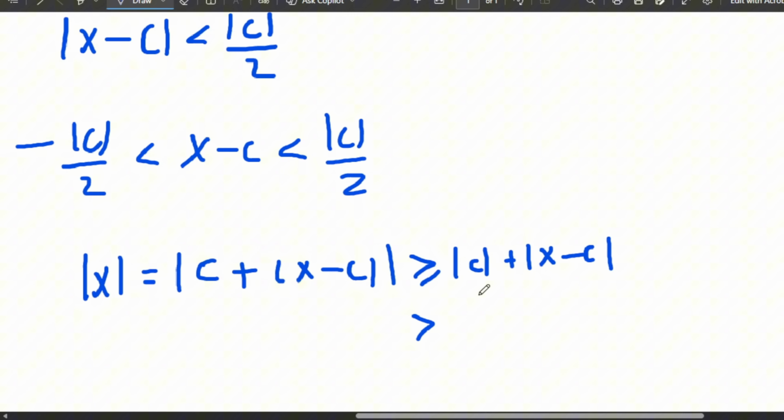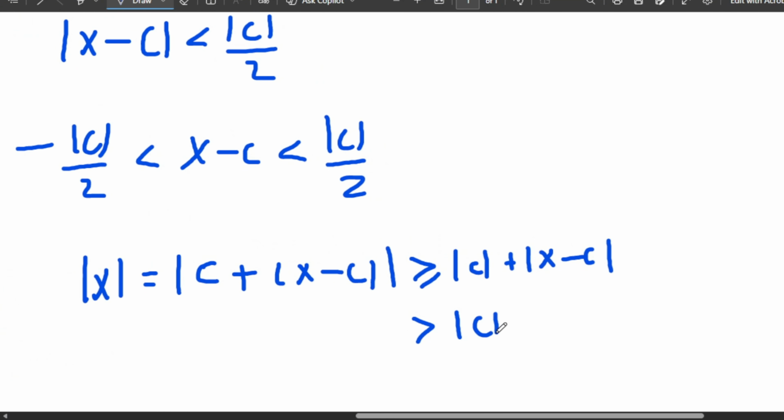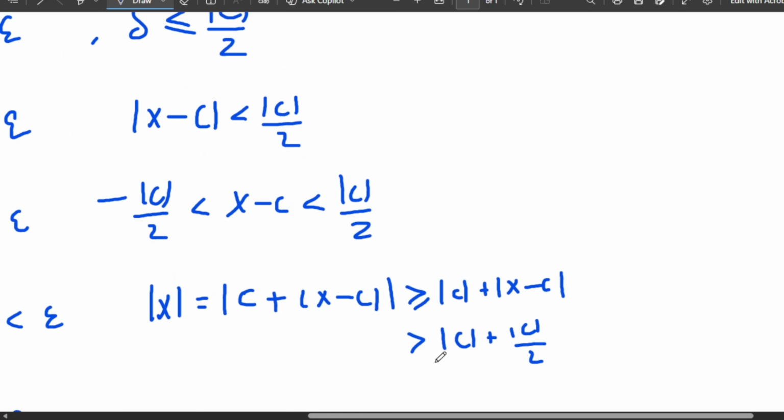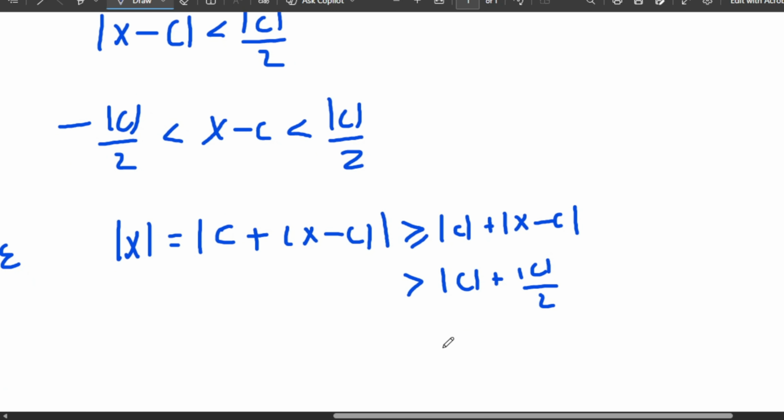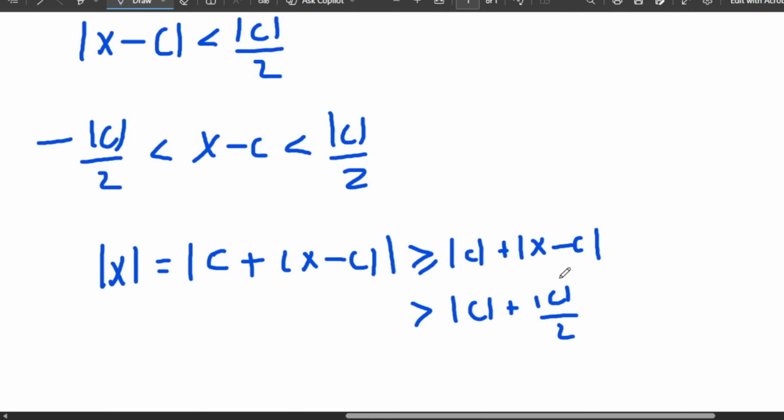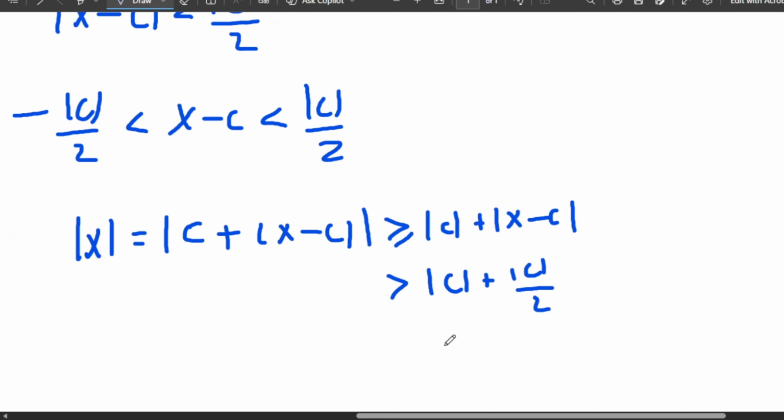That must mean this is |c| plus |c| over 2, and this must be greater than |c| over 2.